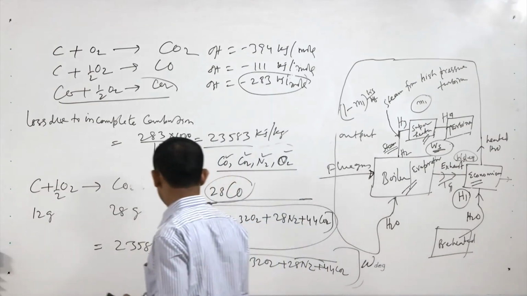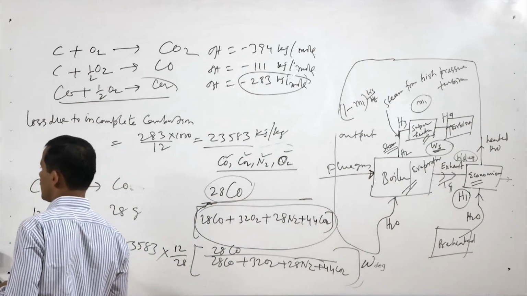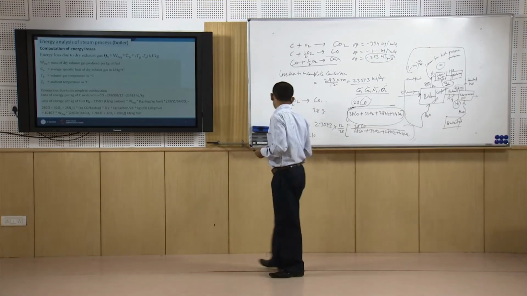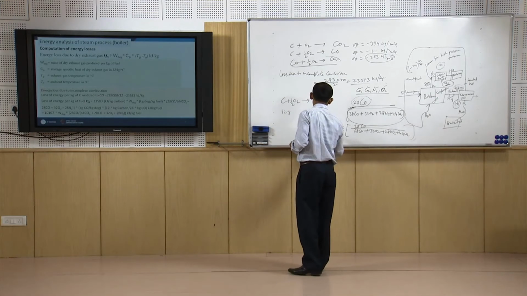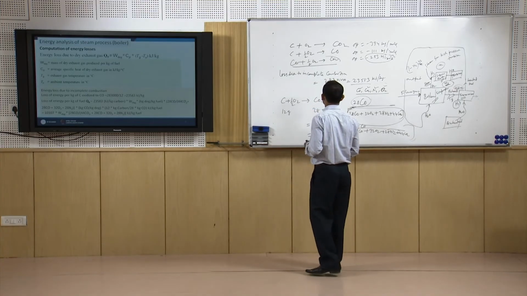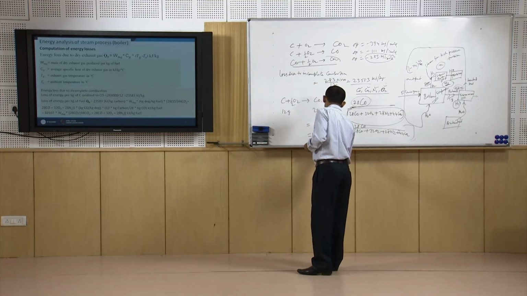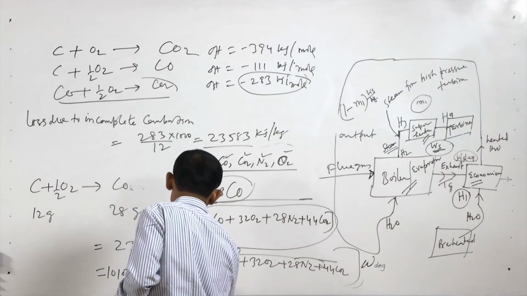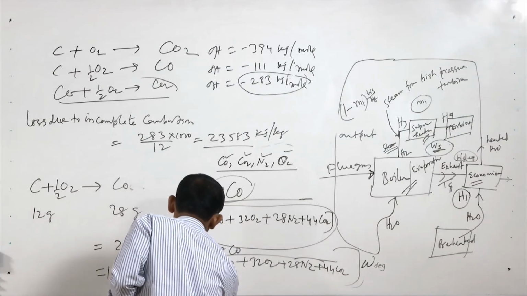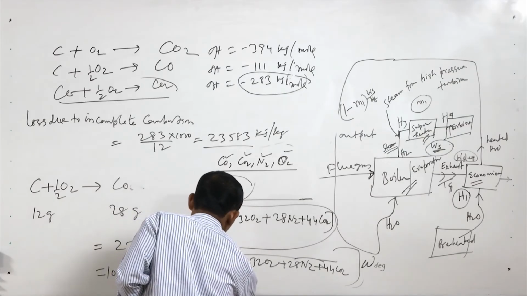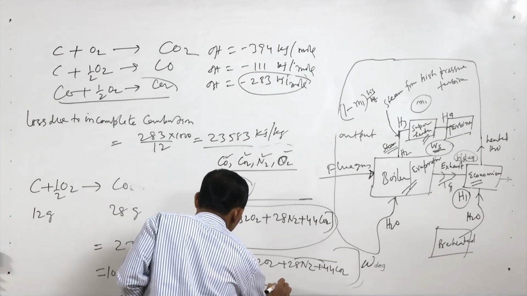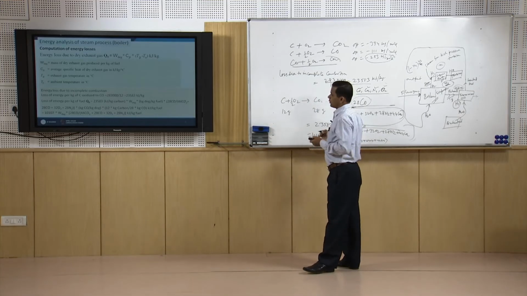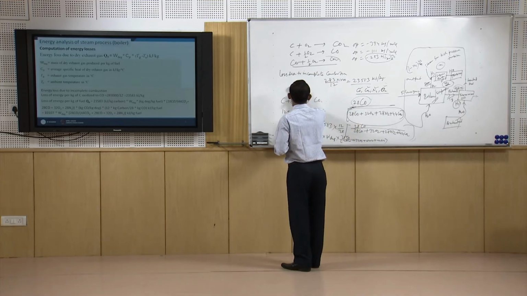Now, this term becomes equal to 10107 into W DEG into 28 CO by 28 CO plus 32 O2 plus 28 N2 plus 44 CO2. So, this will be the loss due to the incomplete combustion.